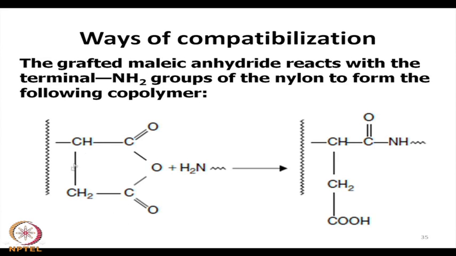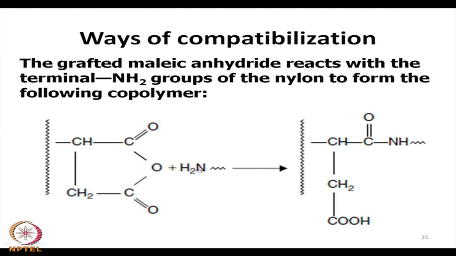Now, if we look into the scheme of such a reaction between EPDM and maleic anhydride, the maleic anhydride part grafted on EPDM reacts with the terminal NH2 group of the nylon. Nylon contains this terminal NH2 group. This anhydride group acts like an acid and the amine group acts like a base.